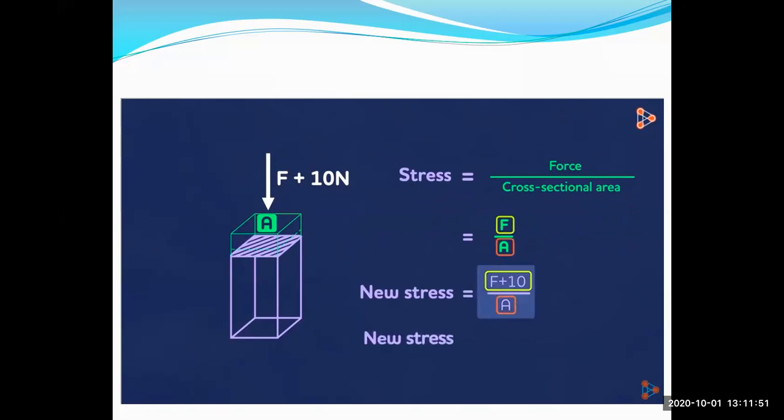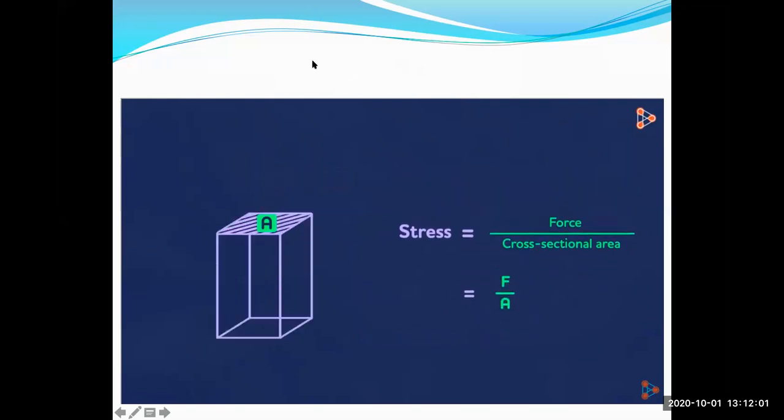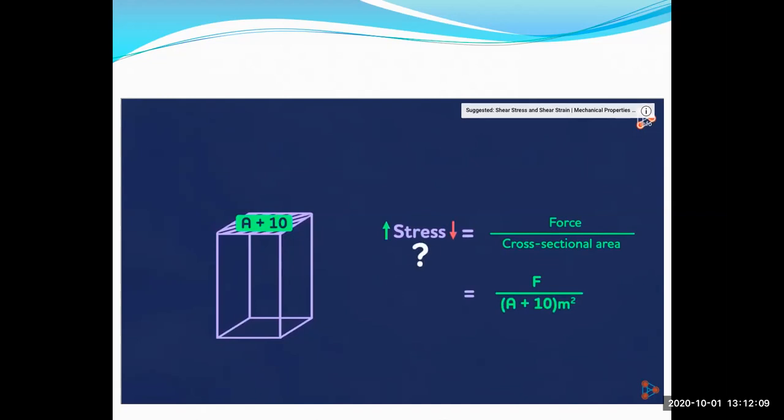It means that this ratio is greater than this one. So if we increase the force, the stress will also increase. Next, what will happen if I increase the surface area from A meter squared to say A plus 10 meters squared? Will the stress increase in this case too? The stress will decrease in this case because the denominator increases with the numerator remaining constant.